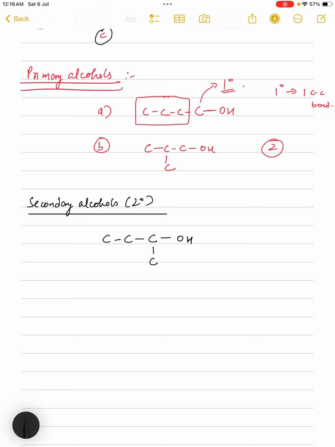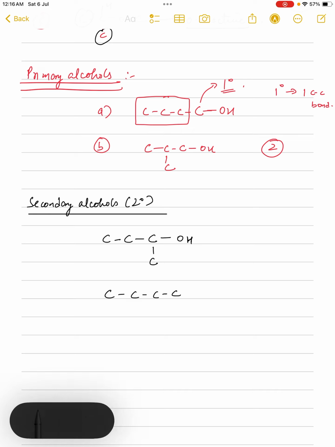Or if I try to draw it another way, this is a straight chain of 4 carbons, because we have only 4 carbons in the molecule. If I attach OH to the 2 degree carbon, we will get a secondary alcohol. How many 2 degree alcohols are there? Only 2. This is 2 degree and this is 2 degree.